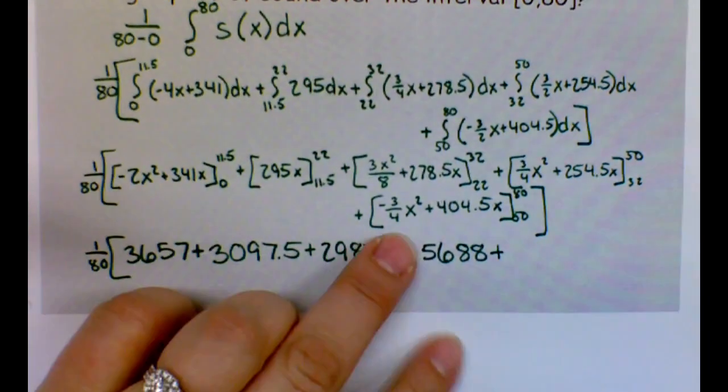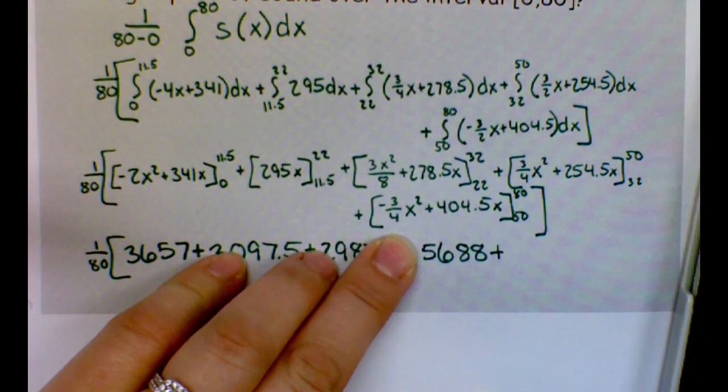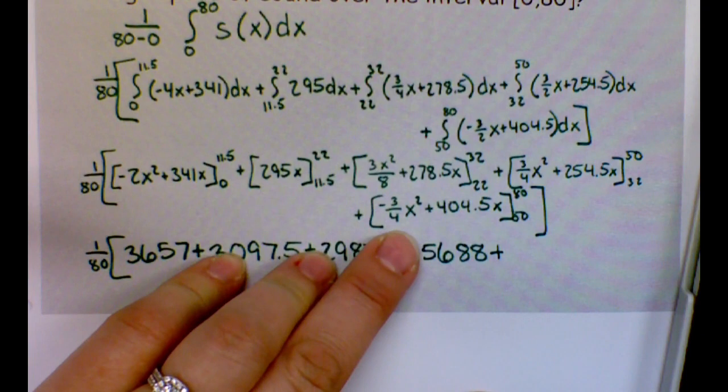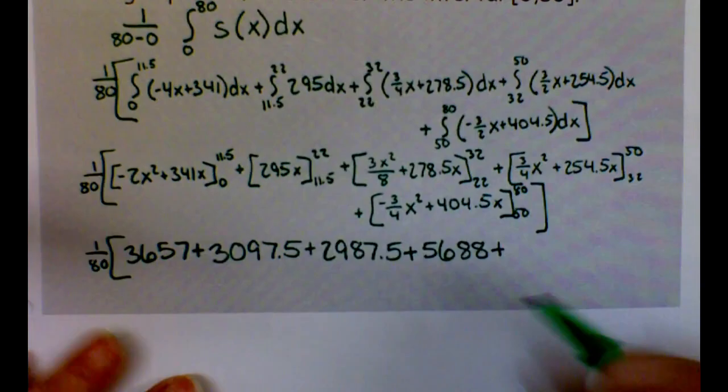If you do not put those parentheses, you will not get the correct answer. And for my last one here, I have negative 3/4 times 80 squared plus 404.5 times 80 minus negative 3/4 times 50 squared plus 404.5 times 50. I get 9,210.